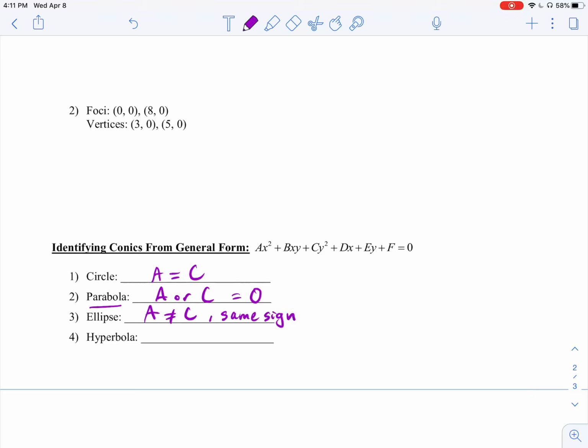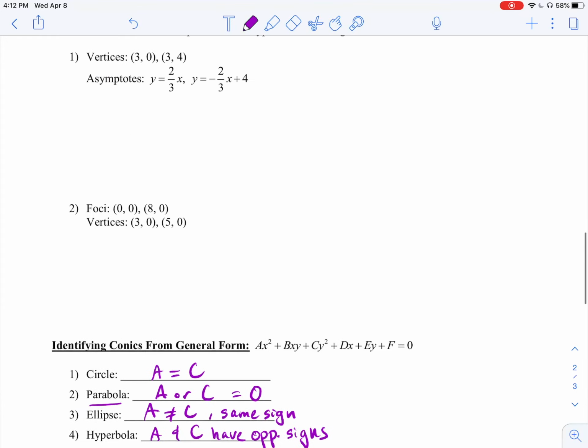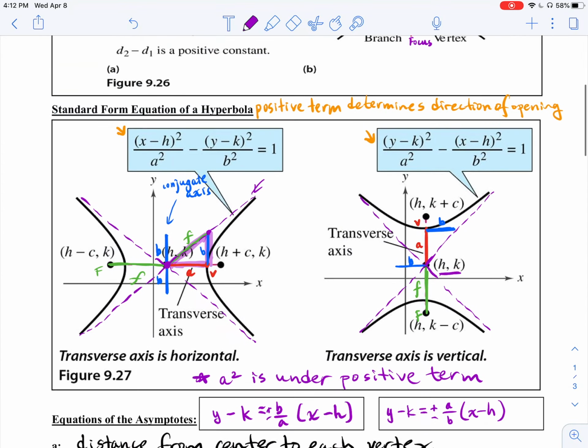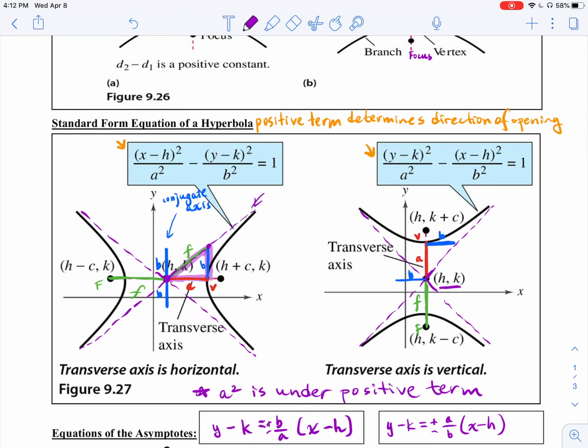And here's an important part about hyperbola. It turns out A and C could actually be equal to each other. But what is important is that A and C have opposite signs. That is the critical part. So with ellipses, your denominators in your general form had to be different values.